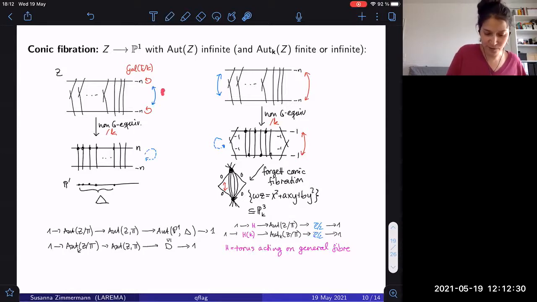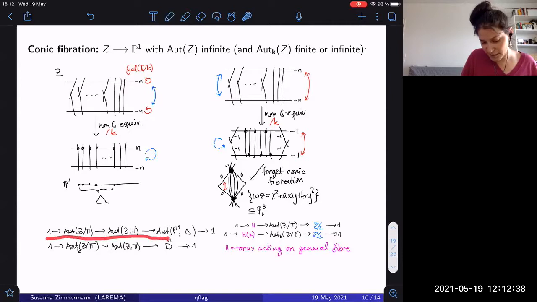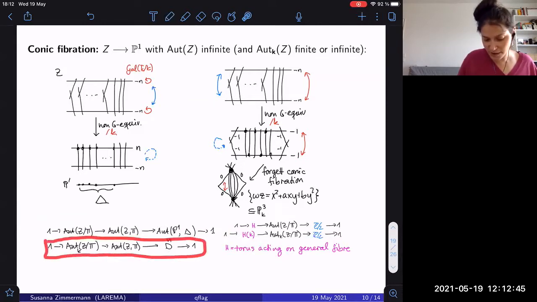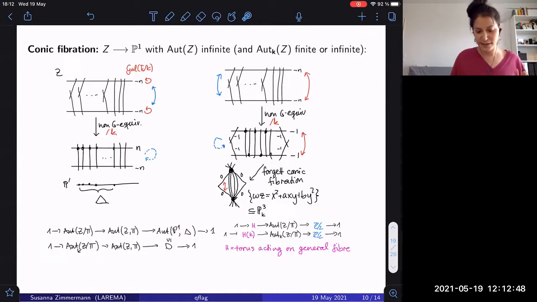The action of the automorphism group on Z gives you an action on P1, which gives you this exact sequence here. And the same, of course, for the rational points of these groups. The only thing is that maybe you have to check whether any K-automorphism of P1 preserving the image of the singular fibers is actually coming from a K-automorphism of Z. So this is the only thing to check.